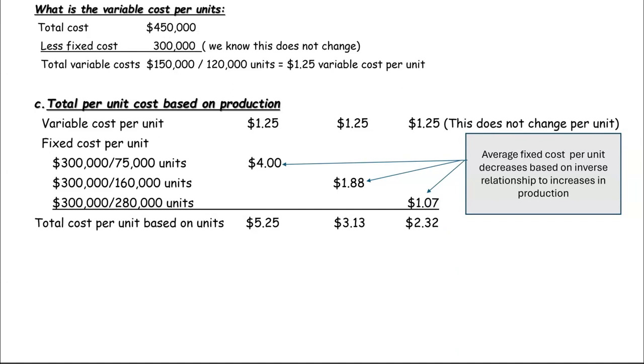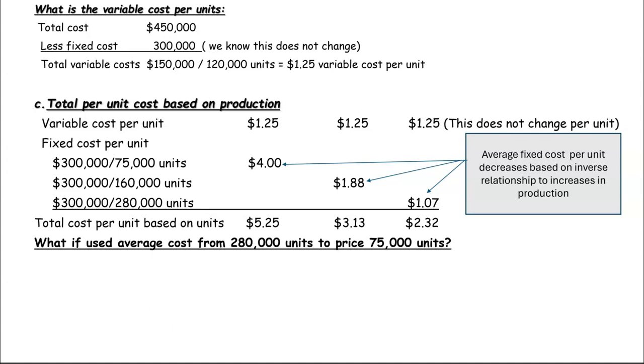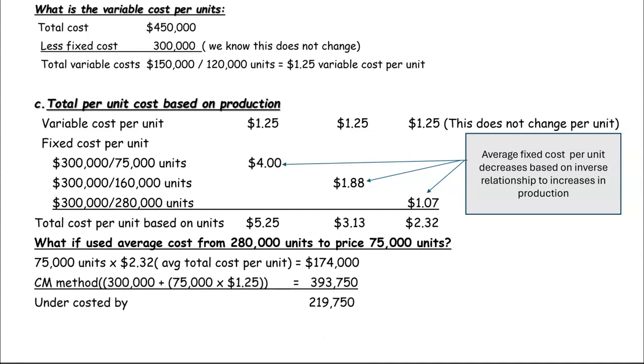Now, what does that mean? Well, if you used average cost to price 75,000 units, what would that look like? Well, 75,000 units times $2.32, which is our average total cost, would tell you that it only cost $174,000. But look at what it looks like when you use the contribution method.